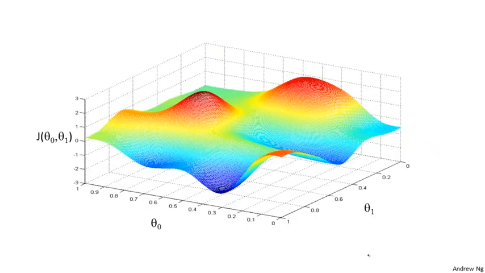So let's see in pictures what gradient descent does. Let's say you're trying to minimize this function. Notice the axes: theta 0, theta 1 on the horizontal axes, and J is the vertical axis. The height of the surface shows J, and we want to minimize this function. So we're going to start off with theta 0, theta 1 at some point. Imagine picking some value for theta 0, theta 1, and that corresponds to starting at some point on the surface of this function.